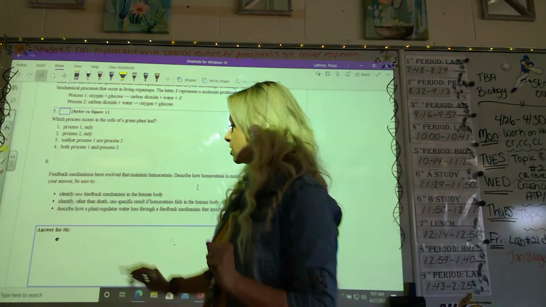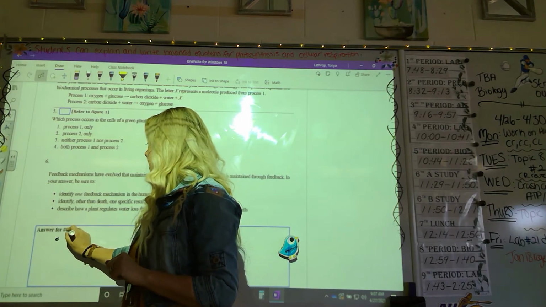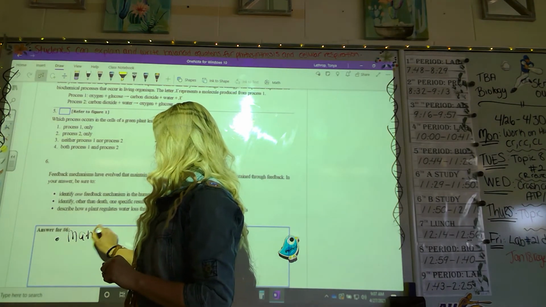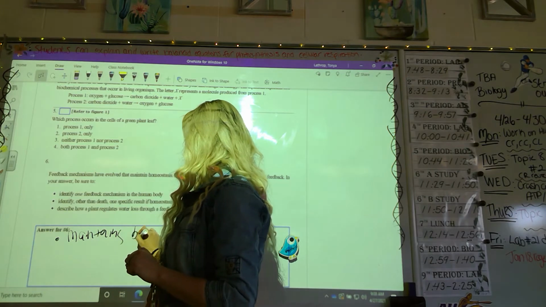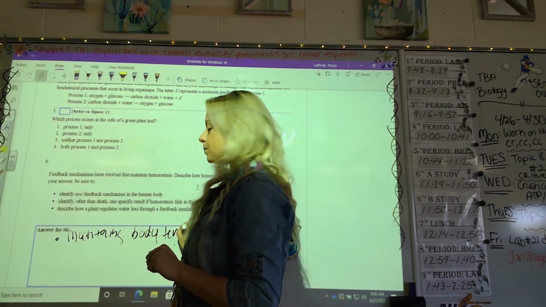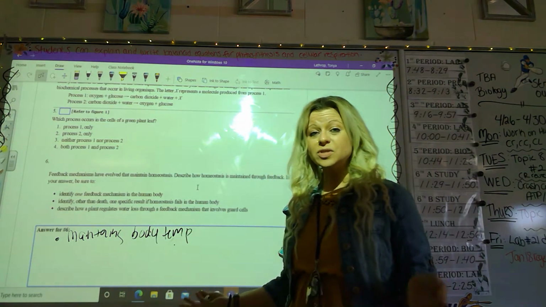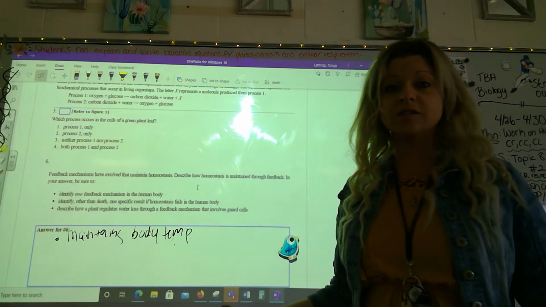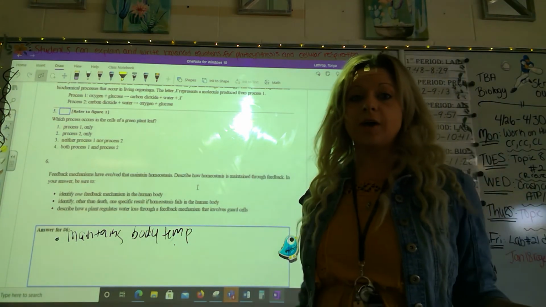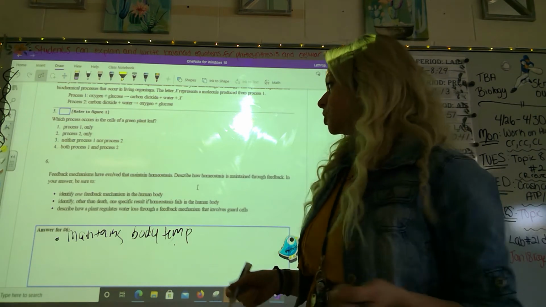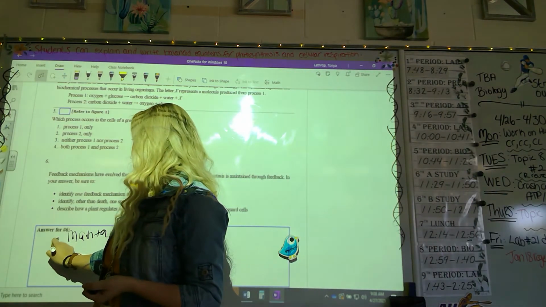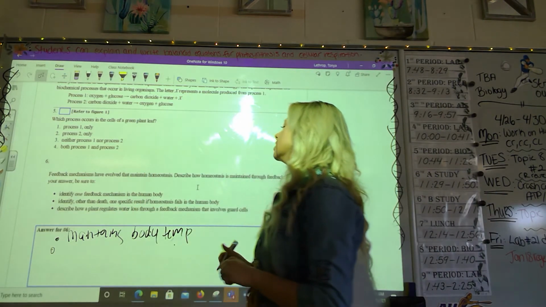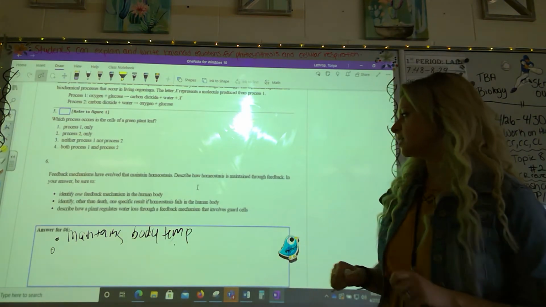So our first bullet, you could say, maintaining body temp. You could also say maintaining your blood glucose levels or hormones. I just chose maintaining body temperature. Second bullet is to identify, other than death, one specific result of homeostasis if it fails.